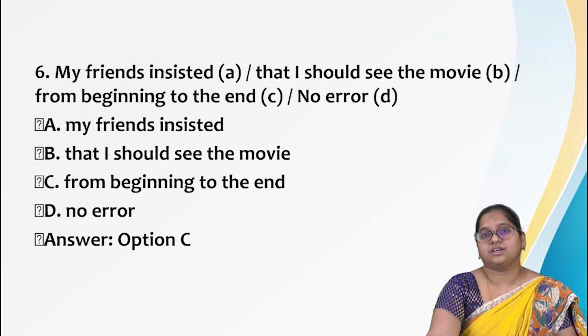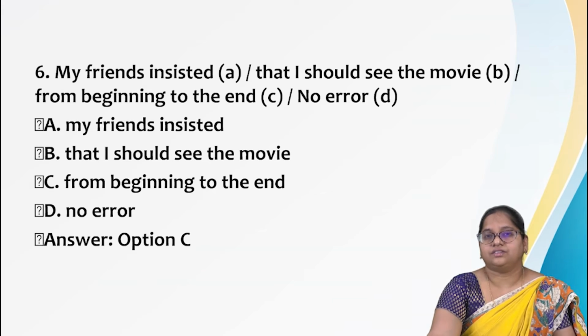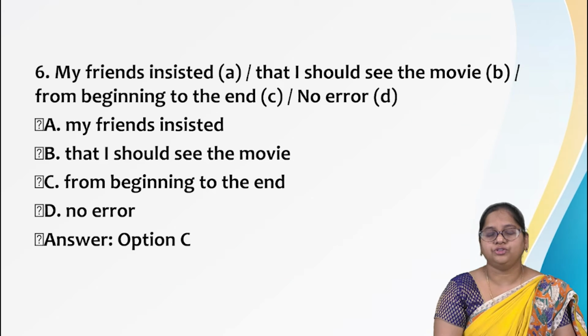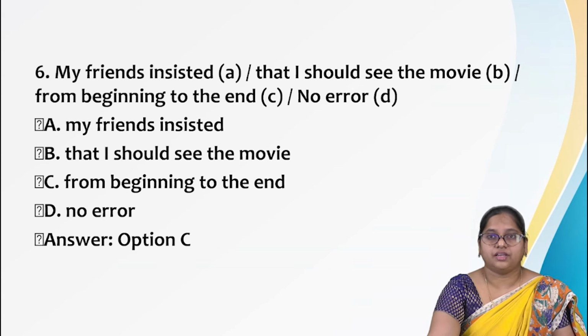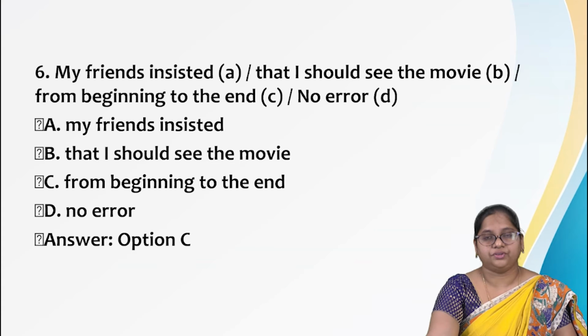From first to last. From the beginning to the end. You can select that option as the right answer. You have to use the definite article. You cannot simply use zero articles there. So that's the right option for you here.